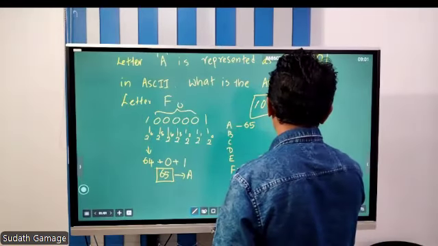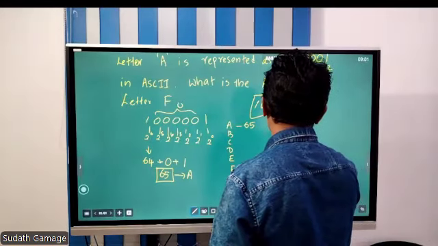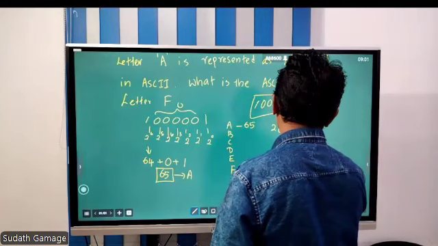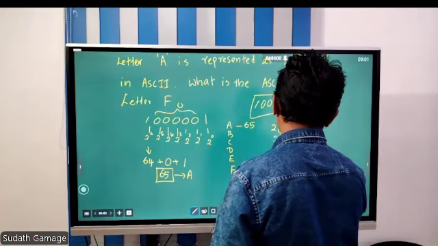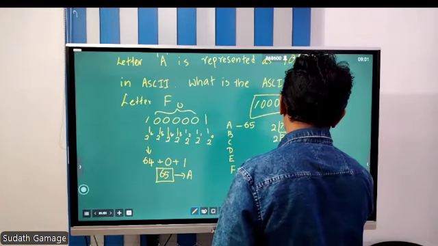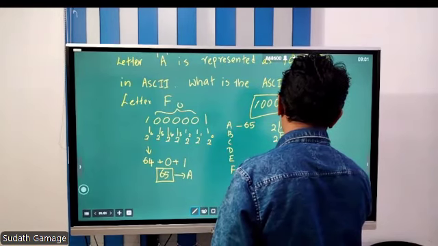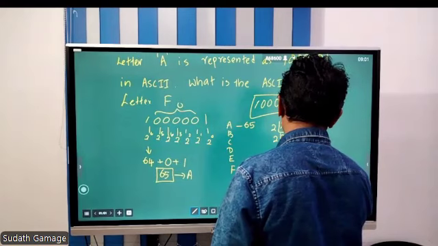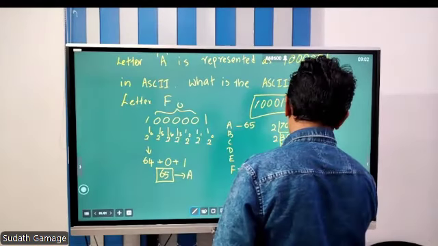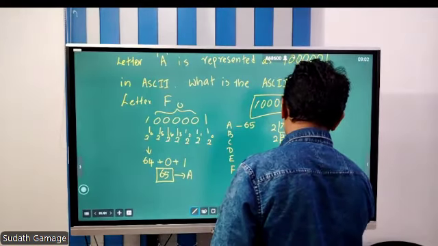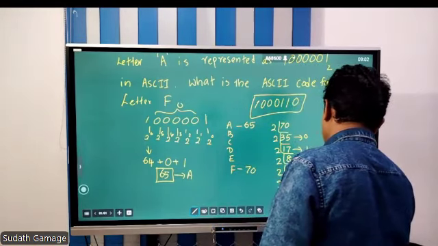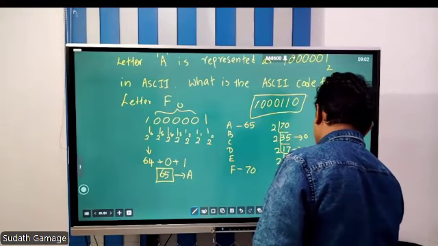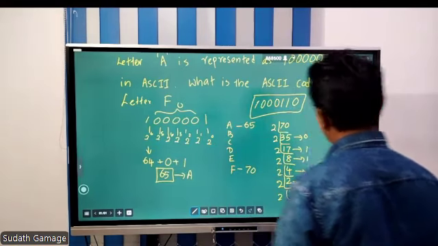How to find? 70, then the remainders: 0, 1, 1, 0, 0, 0, 1, right?